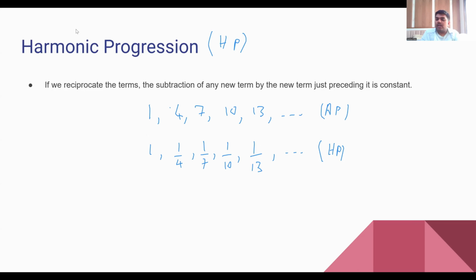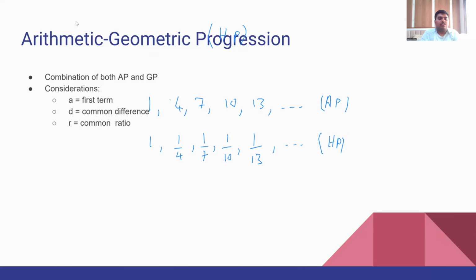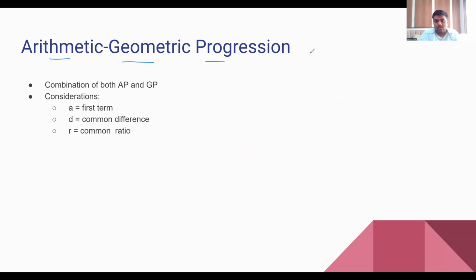And now we will look at the fourth type of progression, which is a combination of two: the arithmetic geometric progression, often referred to as AGP. Now, what is so special about it? Let us see it with an example. Let us say the first term of a sequence is 2.